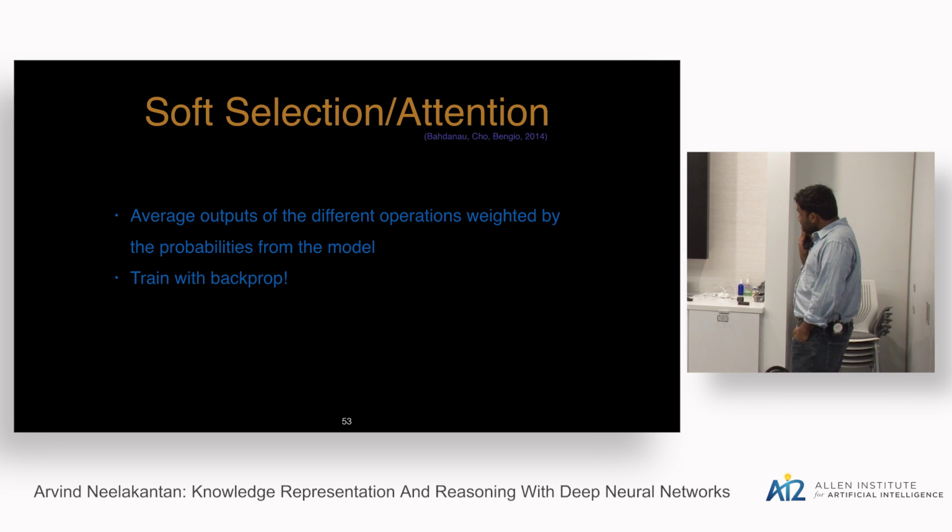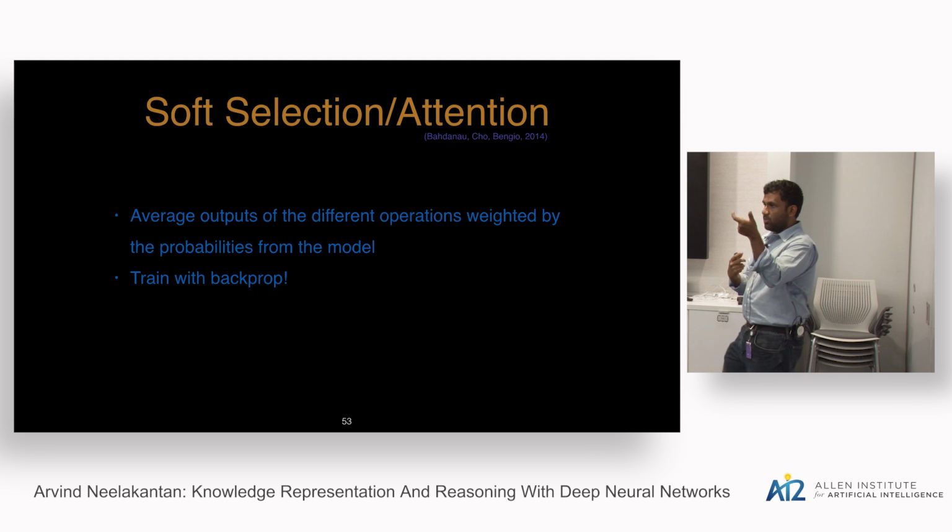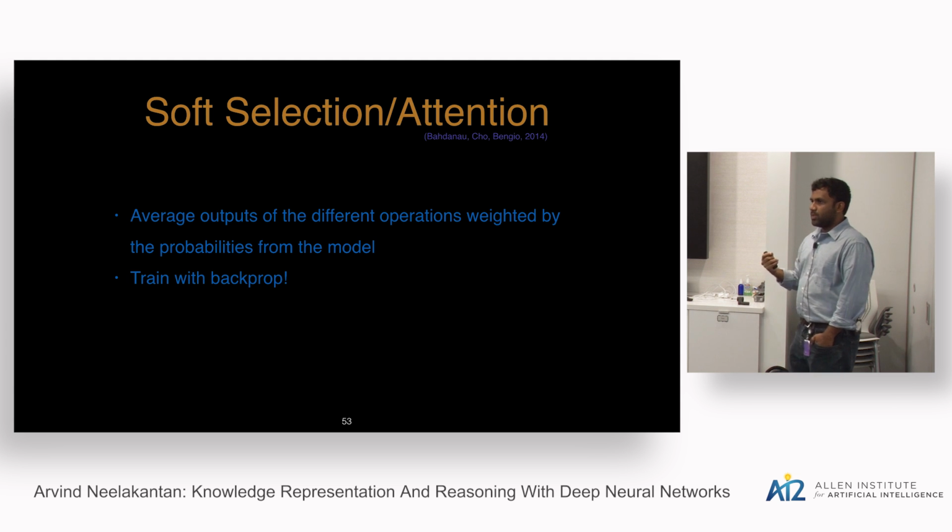How we do it is, you can think about it as each function that's provided to the model gives some output, and then the model gives you a probability distribution over these functions, and then you take a weighted average. So when you're doing reinforcement learning, you're sampling from the softmax, and here you're taking something like a mean field, basically taking a weighted average of the outputs.